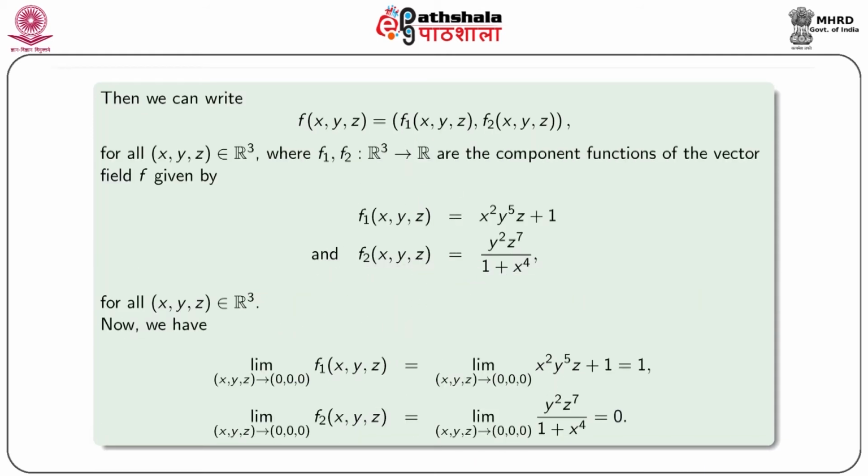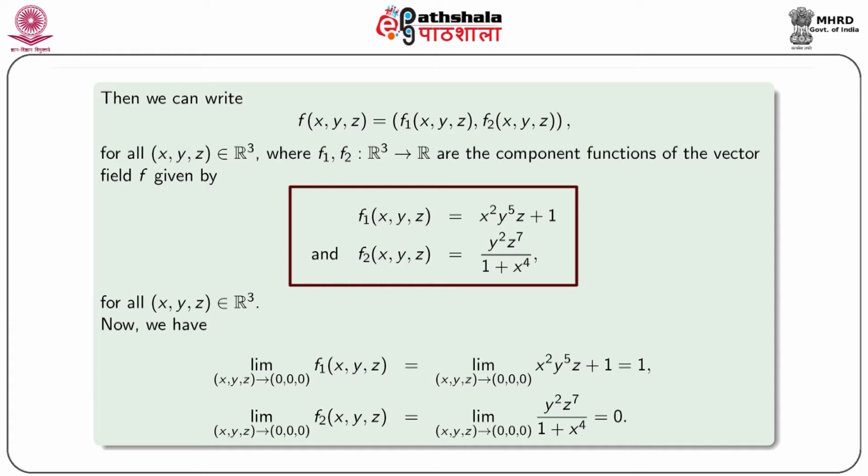Then we can write f(x,y,z) equal to (f1(x,y,z), f2(x,y,z)) for every (x,y,z) in R3, where f1, f2 are component functions, that is scalar fields on R3, where f1(x,y,z) equal to x squared y to the power 5 z plus 1 and f2(x,y,z) equal to y squared z to the power 7 divided by 1 plus x to the power 4.